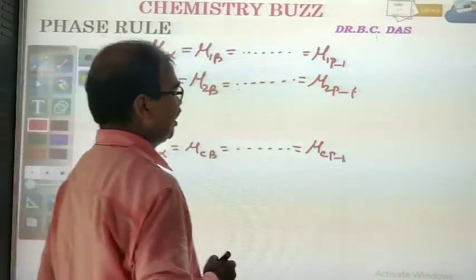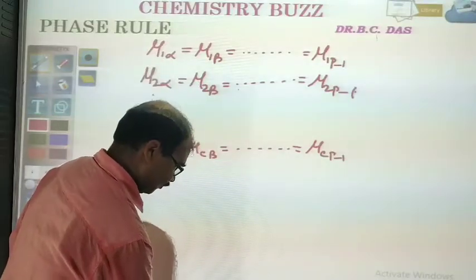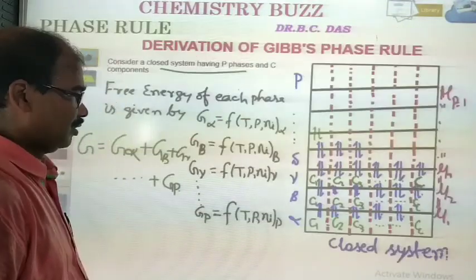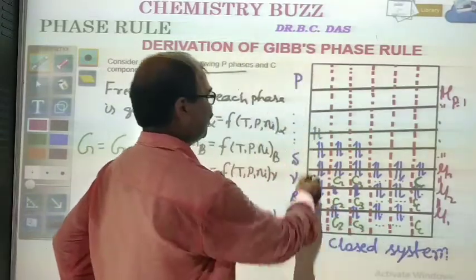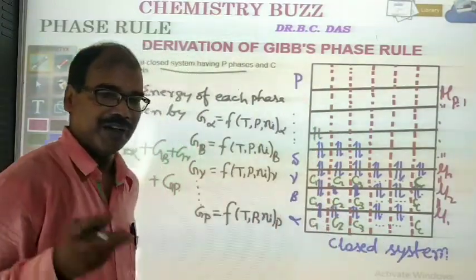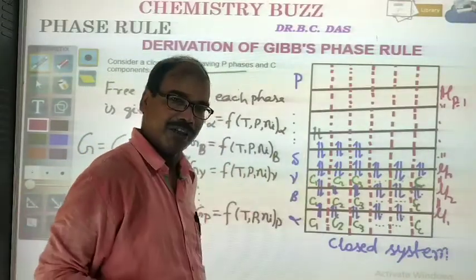So for the Gibbs phase rule, we have to consider the number of components, that is C, and the number of phases, that is P. The Gibbs phase rule is the relationship between the phase, component and the degree of freedom.